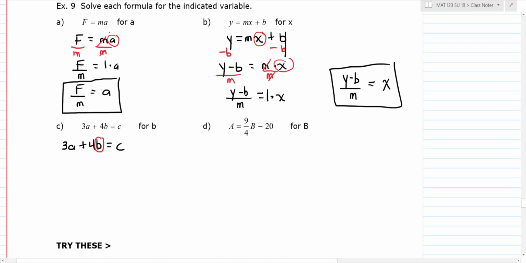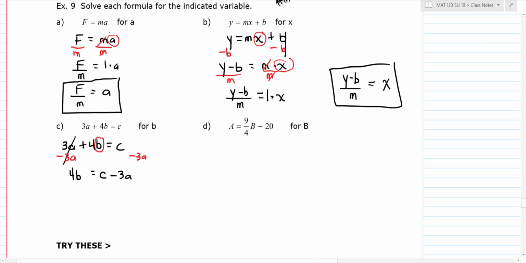Again, the number that's multiplied is the last thing you get rid of. The way to get rid of 3a, since it's attached by adding, is to subtract from both sides. So when I do that, that will go to 0. You're going to have 4b equals c minus 3a, and it's got to be in that order. You're subtracting from the number.